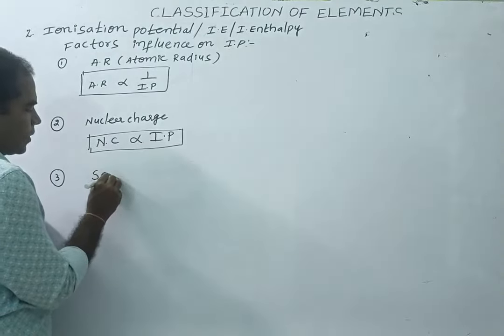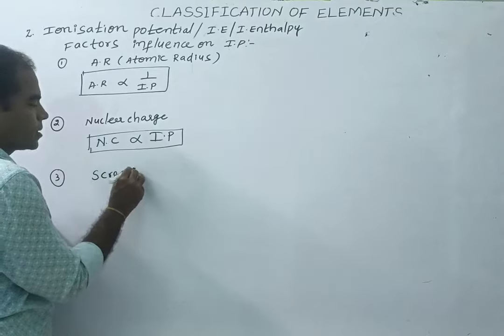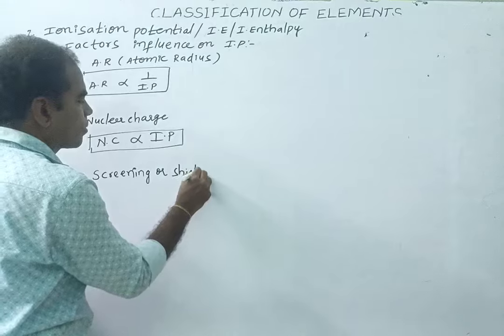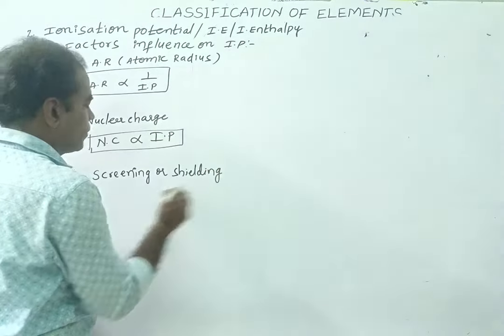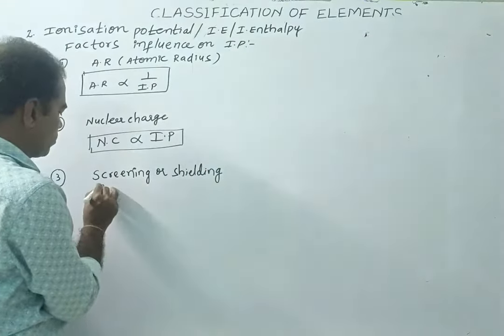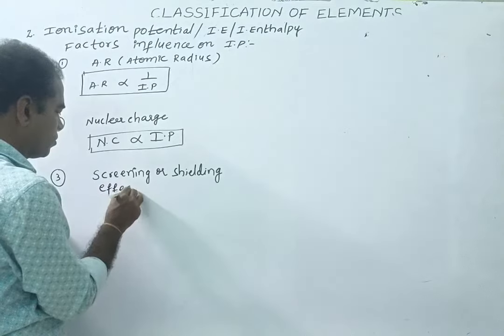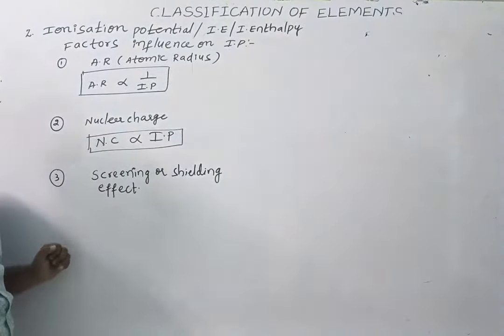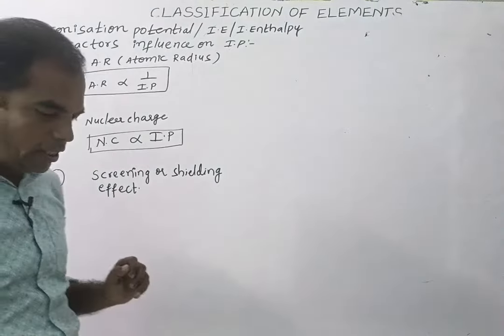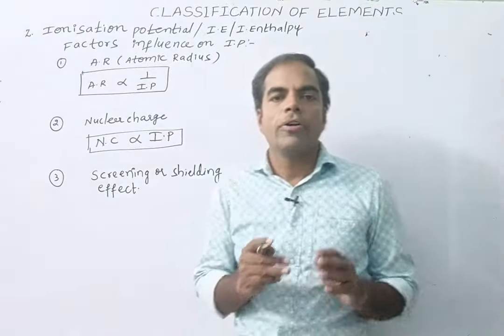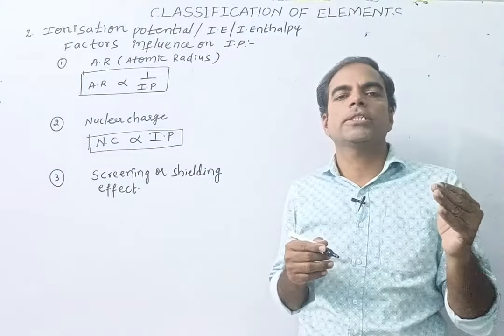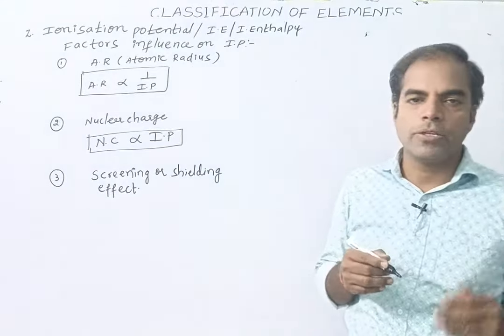screening or shielding effect. So, what is the screening or shielding effect? Let us see. Generally, we know that the valence shell is the last shell, and before the valence shell is the penultimate shell.